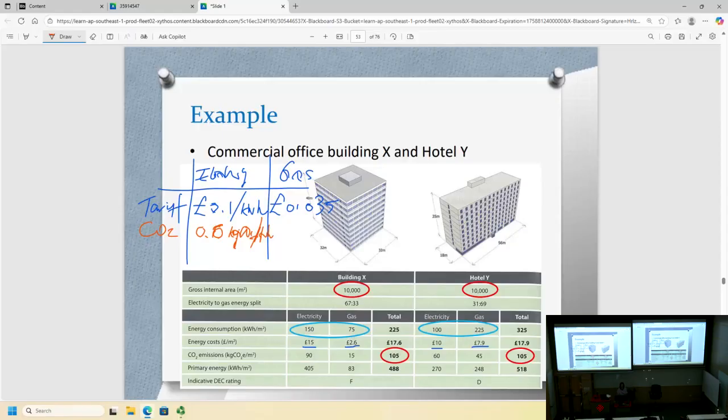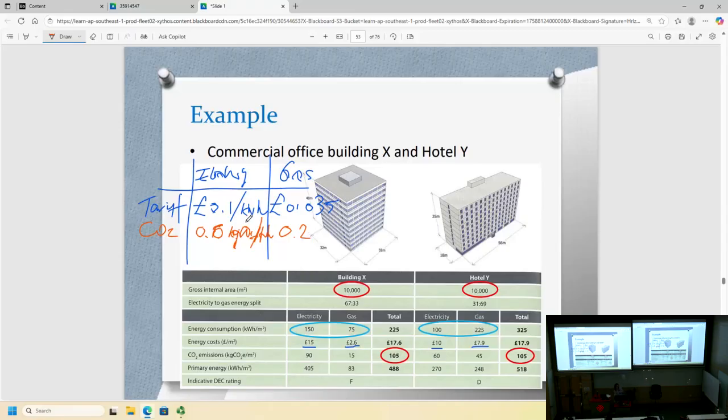And that for gas is 0.2. This is only an assumption for a building in UK. For a building in Hong Kong, the emission rate would be totally different, so it depends on the fuel mix of the utility company. So 0.6 and 0.2.